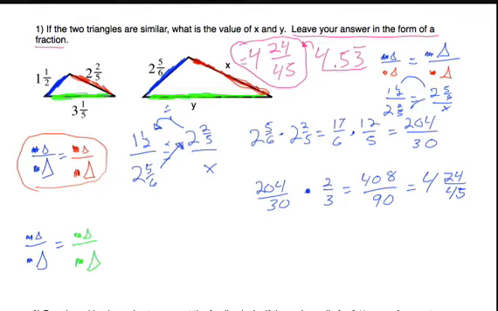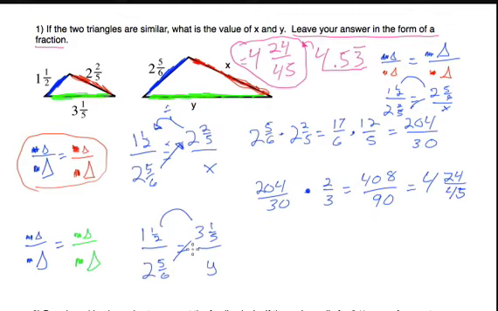All right, now that I've set up my valid proportion, I can fill in my numbers. That's 1 and 1/2 over the blue side, that's 2 and 5/6. That should equal the green side of the small, that's 3 and 1/5, over, and we don't know, y. Multiplication, division. I'm going to skip a step here. I hope you can follow what I'm doing.